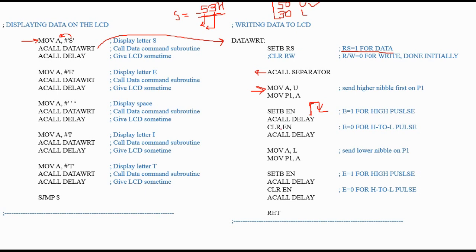Okay, and call delay, it will remain high for some time, clear the enable pin, and it will remain low for some time. Fine. Then move L, which contains 30, into the accumulator and move the content of the accumulator to port P1, to which the LCD is connected. So this 30 will get sent to port P1. In this way 5 and 3 have got sent over the lines and we have toggled the enable pin.